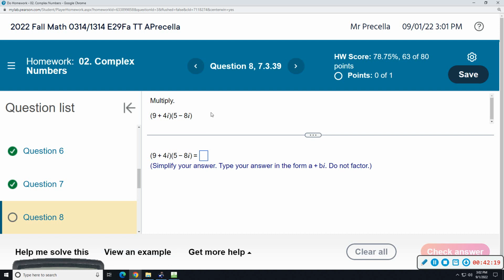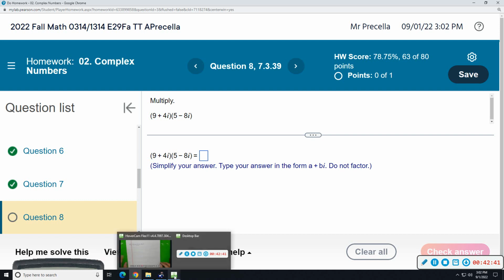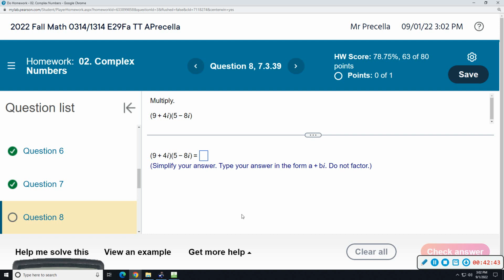Okay. This is number 8. We have the complex number 9 plus 4i times 5 minus 8i, and notice if those i's were just letters like x, it's clearly a FOIL problem.